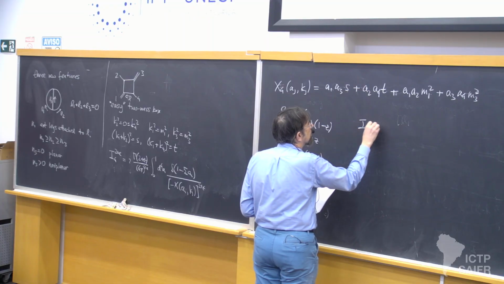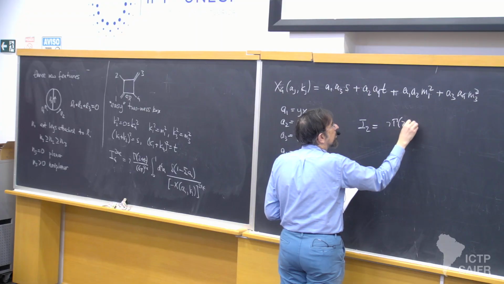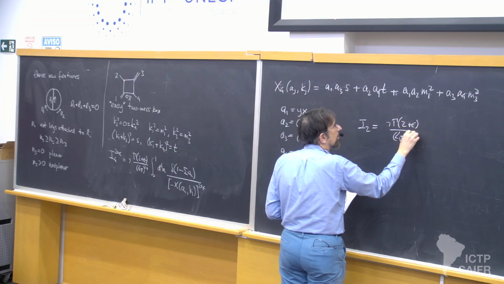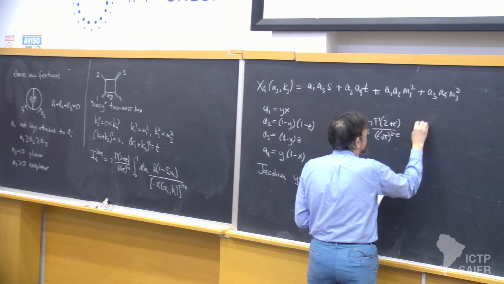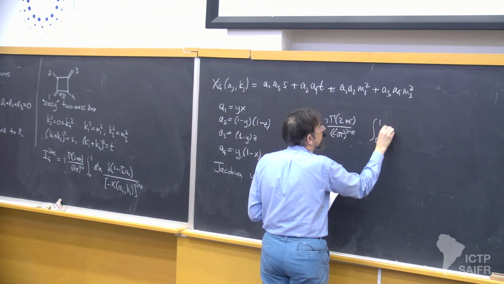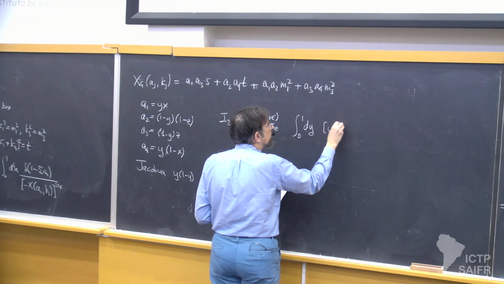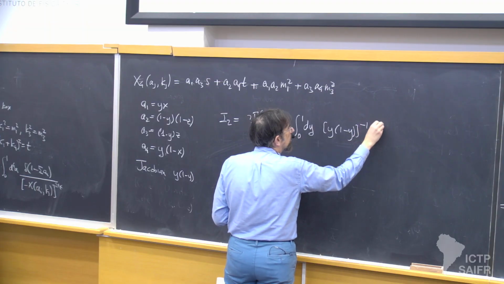So our integral is going to be equal to the same prefactor, minus epsilon, and we have a separate integral over y, which has the form y to the minus 1 minus epsilon.